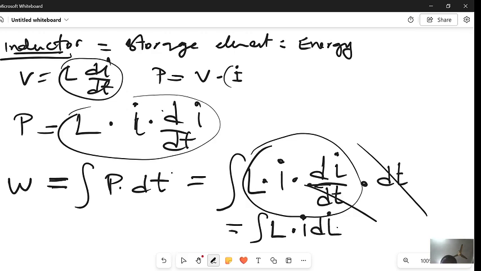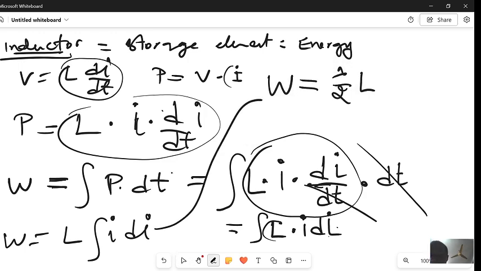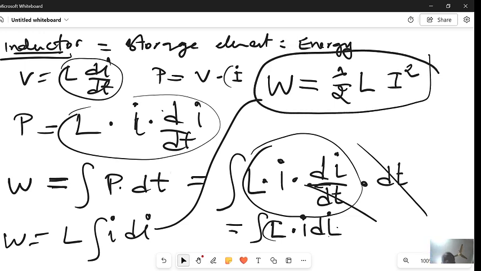Because L is constant, the energy equals L times the integration of I di, which equals 1/2 I squared. So finally my energy stored is 1/2 L I squared. That's the formula to determine my energy.